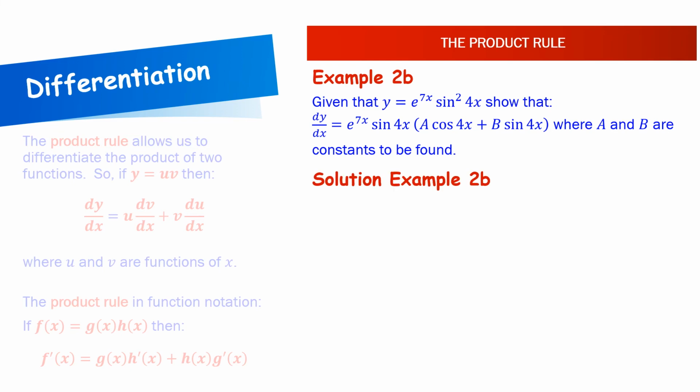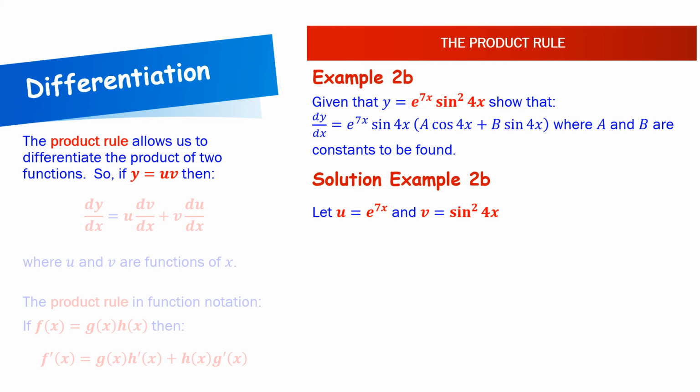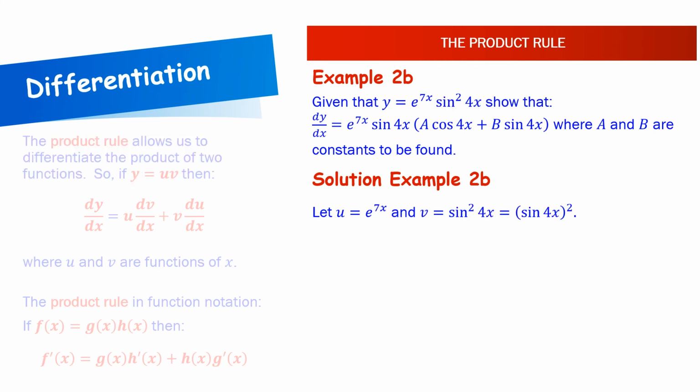So let's solve this. In order to apply the product rule, we let u equal e to the power 7x and v equals sine squared 4x. This of course equals sine 4x all squared.